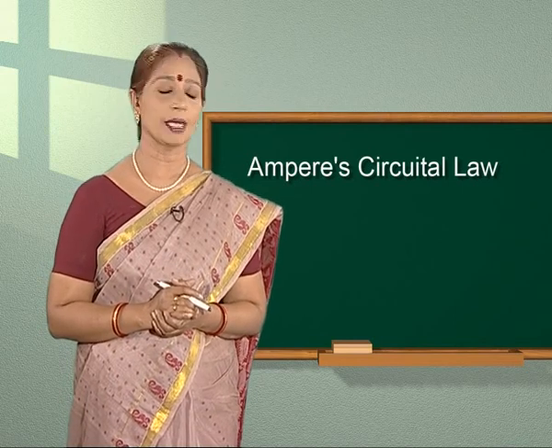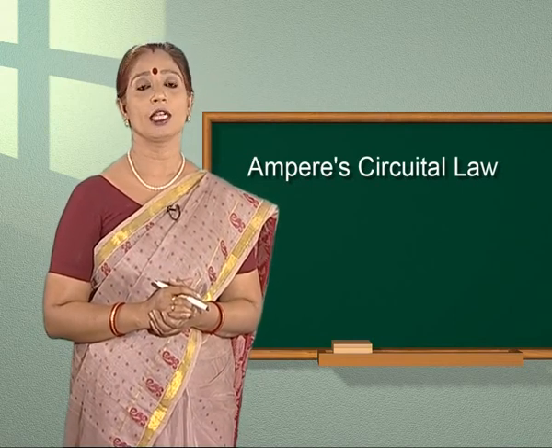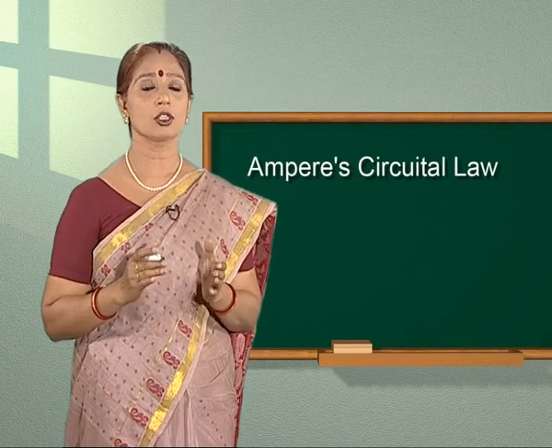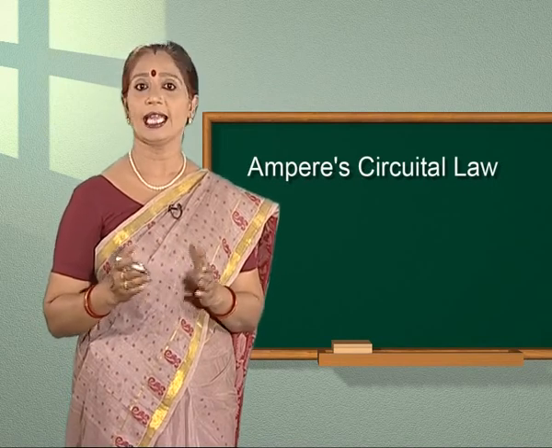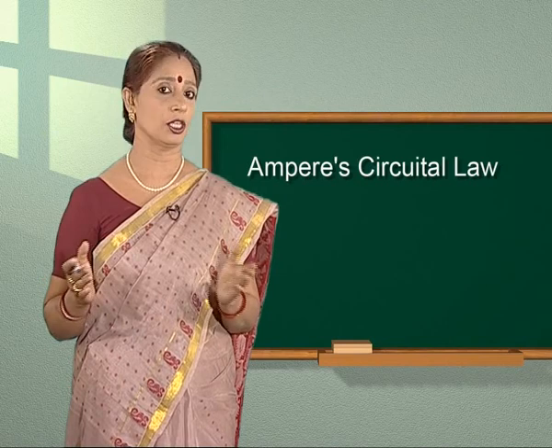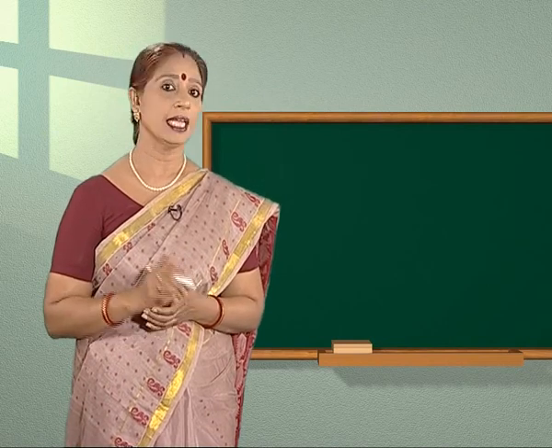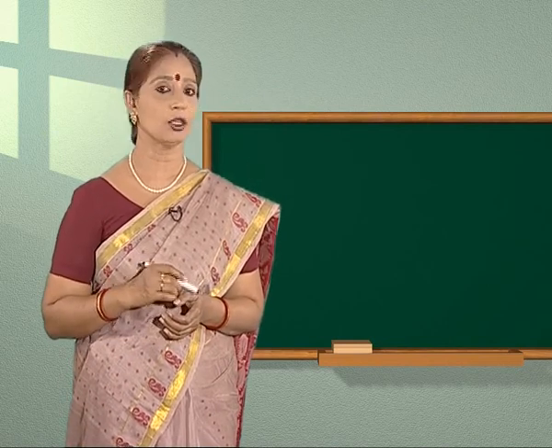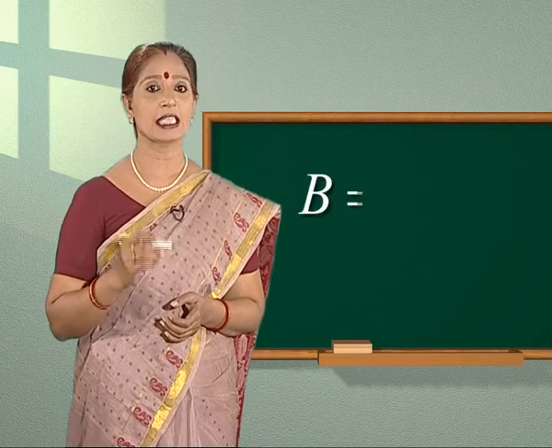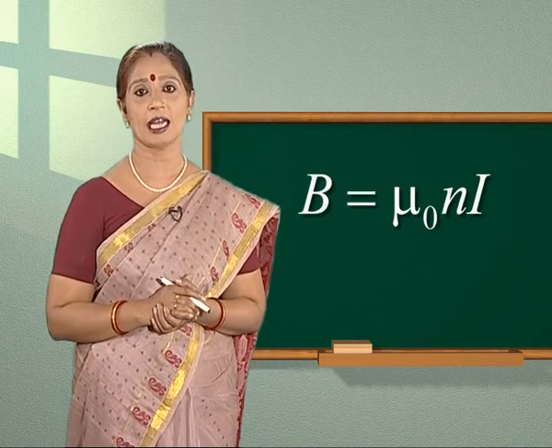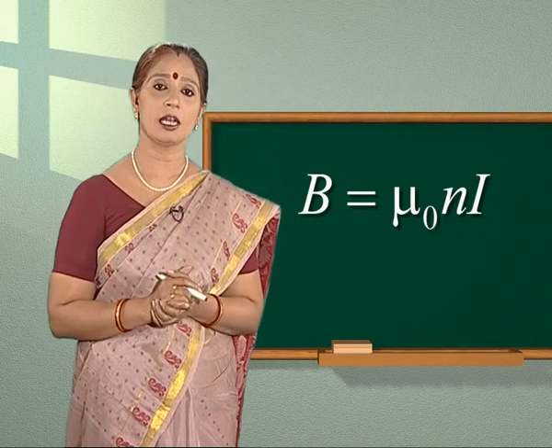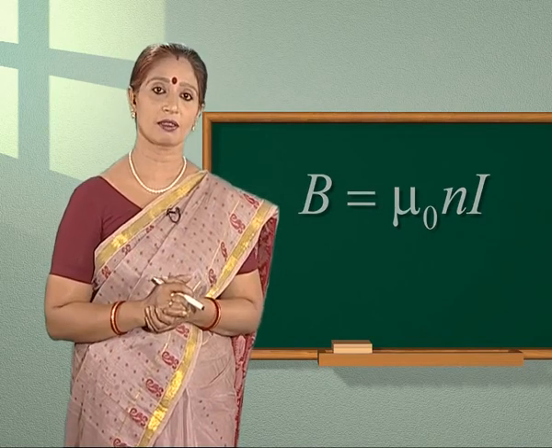In terms of magnetic field induction, for a tightly packed long solenoid or a toroid, it is 0 outside the solenoid or toroid, but inside a long solenoid or a toroid, B is equal to mu naught times NI, where N is the number of turns per unit length.